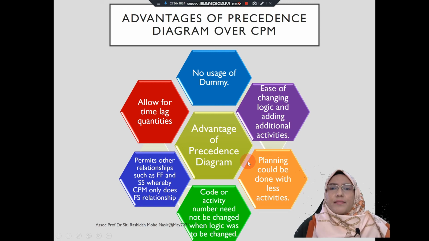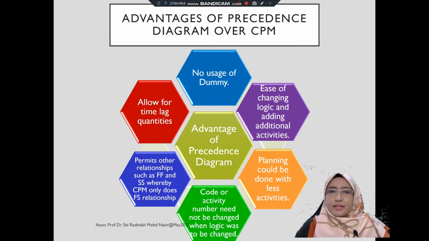Now let's look at the advantage of precedence diagram over critical path method. There is no use of dummy, ease of changing logic and adding additional activities. The planning could be done with less activities. So like I mentioned to you earlier, we can eliminate some of the activities and introduce the appropriate relationship.